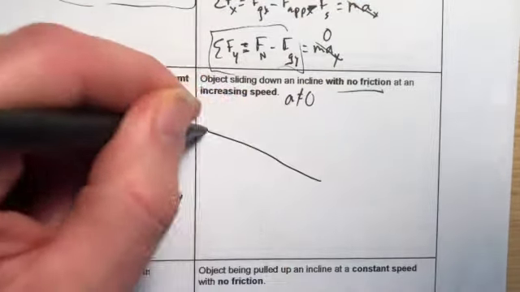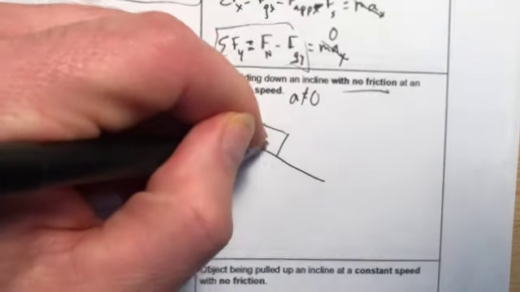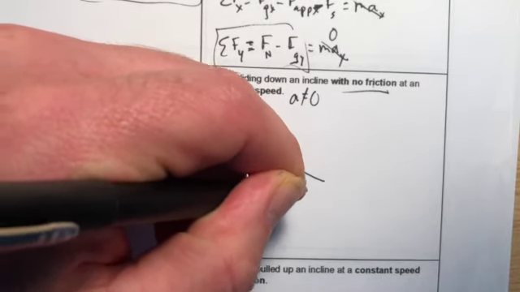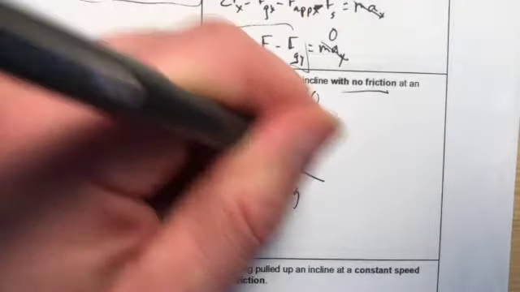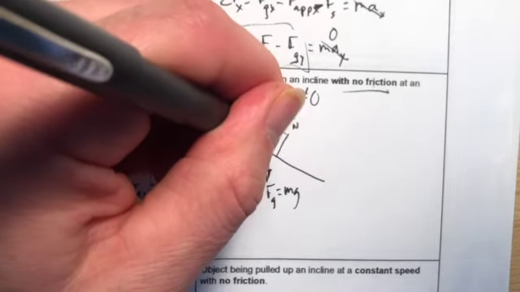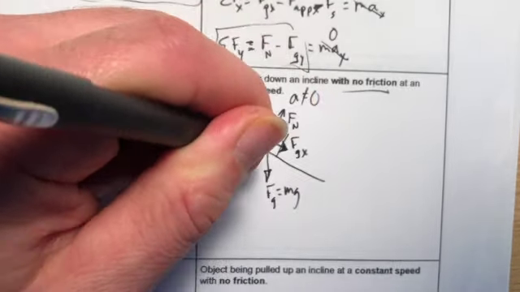So let's draw that. Okay, so it's moving down, but some things always apply. There's always weight. There's always a normal force. And why do things go down the hill? There's no force making that go down. Well, you already know that, yes, there is. And it's the x component of the weight that makes it happen.